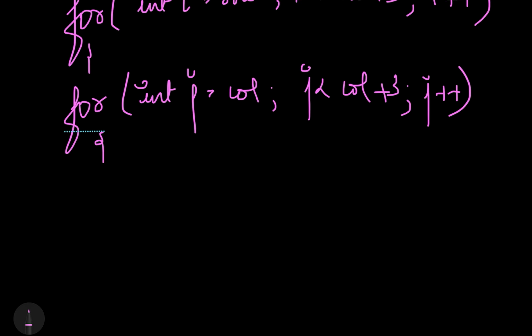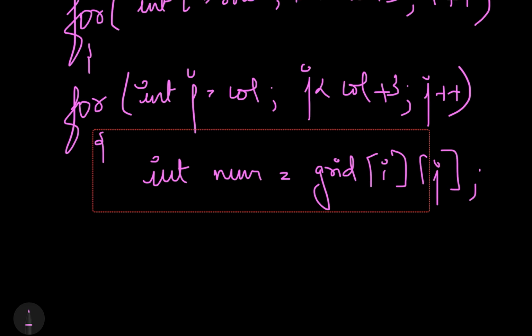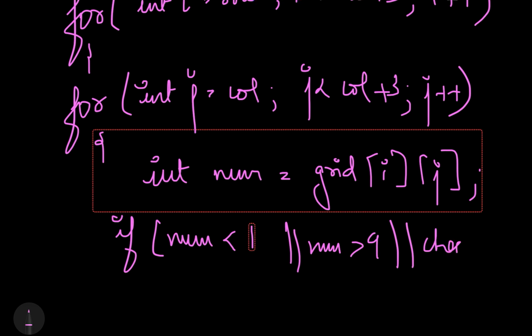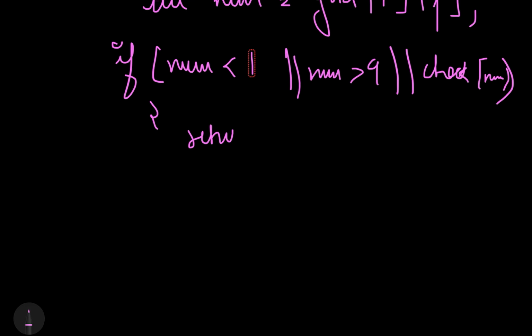Then we'll simply take our variable, suppose num equal to grid of i comma j, and if num is less than 1 or greater than 9, or check of num, then we can simply say it is not distinct or not in the limit of 1 to 9, and we'll simply return false.